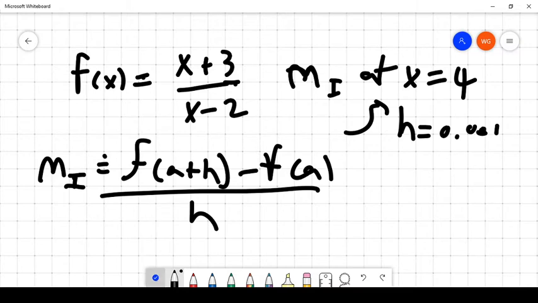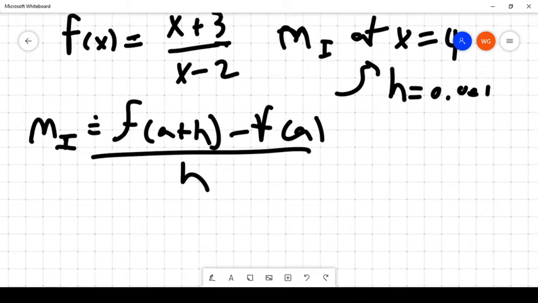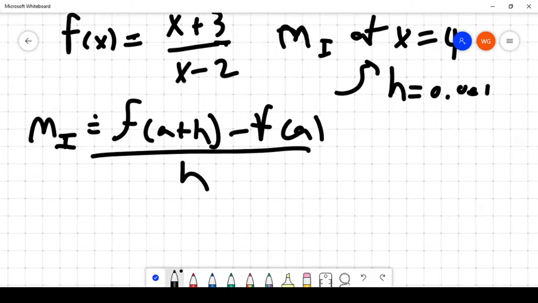So the thing you've got to be careful with in a question like this is the actual substitution of your function into this formula. So let's be very careful how we do that and make sure that we don't forget we're dealing with a rational function. Okay, so here's what we'll do.